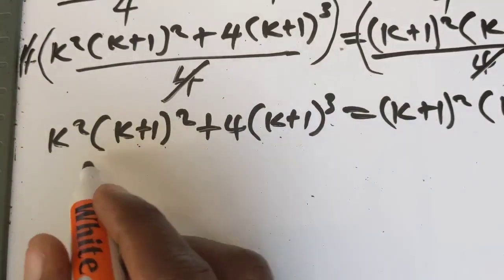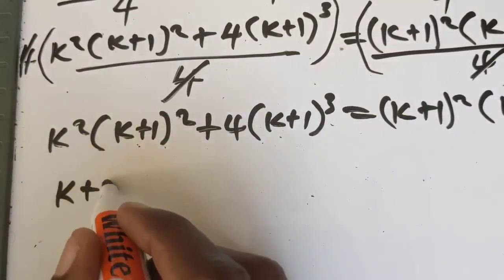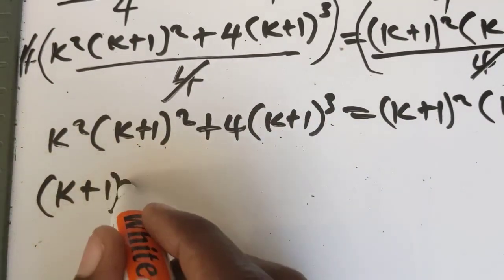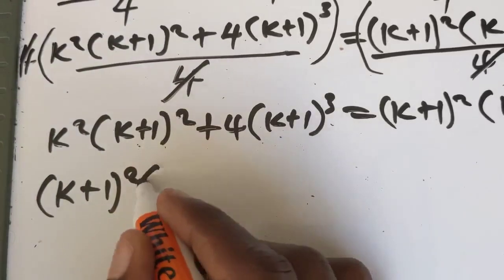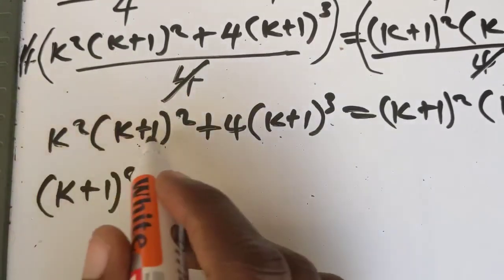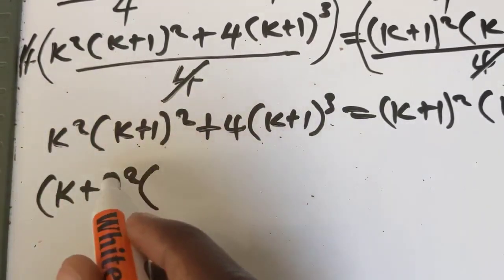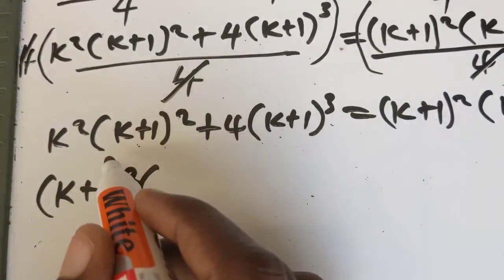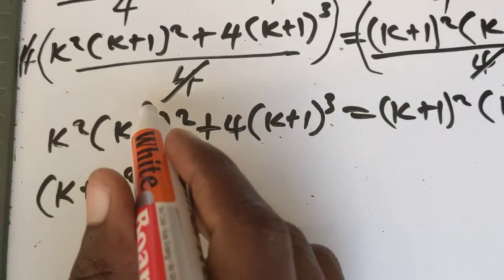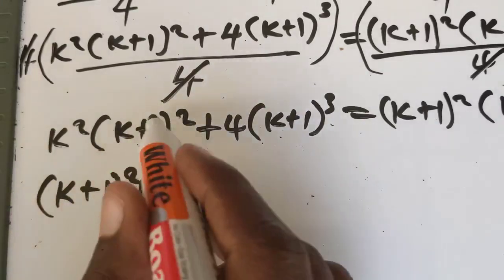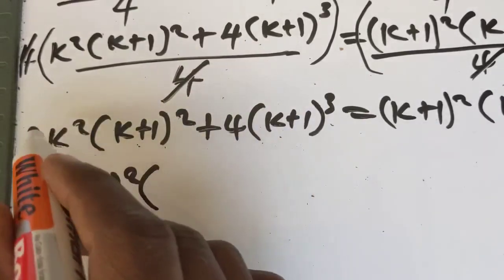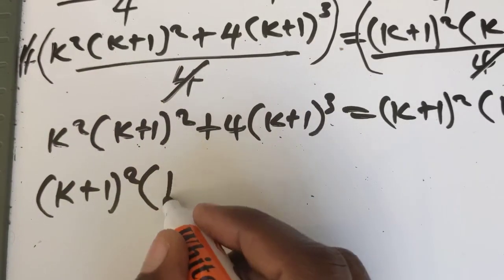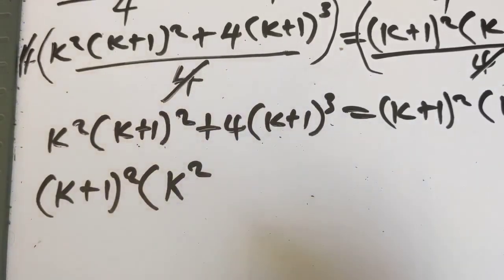If k plus 1 squared enters in this part here, it will just cancel that. So what you're going to remain with is k to the power 2, like that.